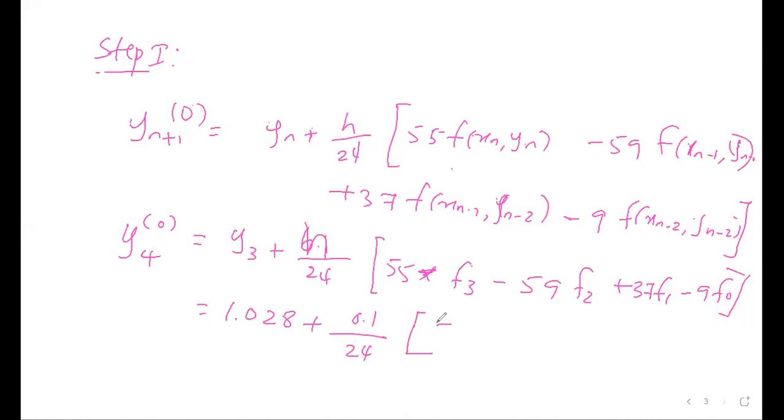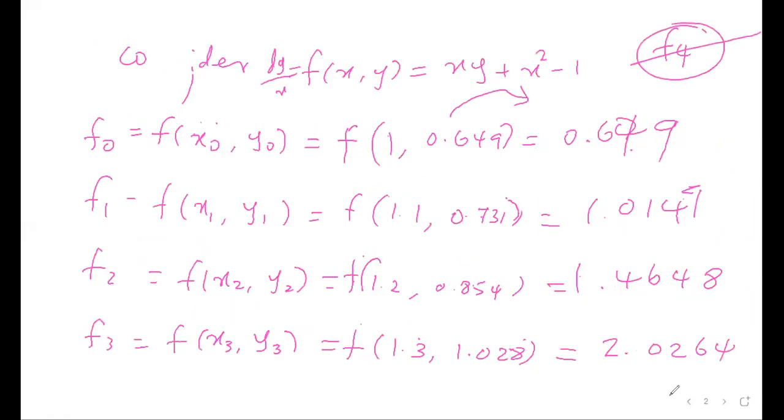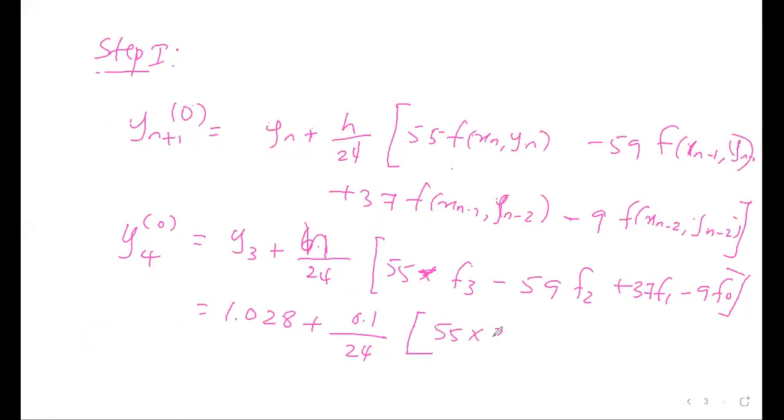Times 55 times, so what is our f3? The last point here, 2.0264. Can you substitute and find the final answer? 1.4648, and 37 times 1.014, you can put 1, and minus 9 times 0.649.